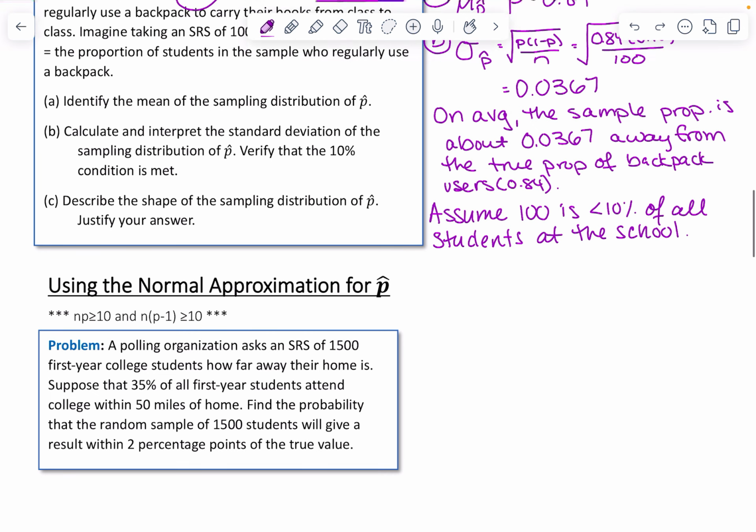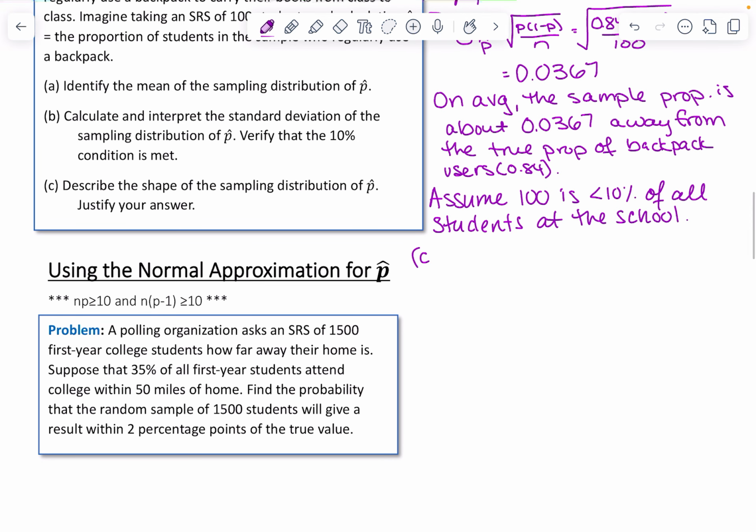All right, last piece, part C. Describe the shape. Again, the only shape we care about is normal. So we're going to do large counts, n times p, see if that's at least 10, and n times 1 minus p, and see if that's at least 10. So my sample size was 100 times 0.84. That's easy enough. And then 100 times the complement of 84%, so 0.16.